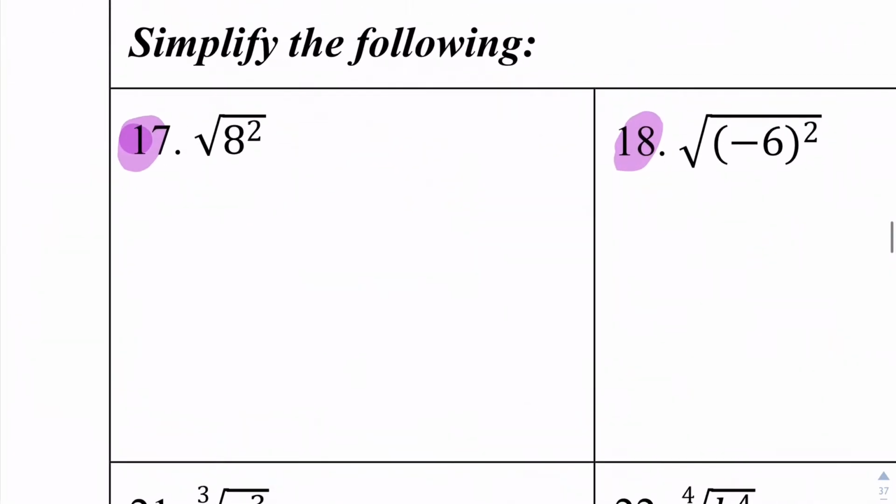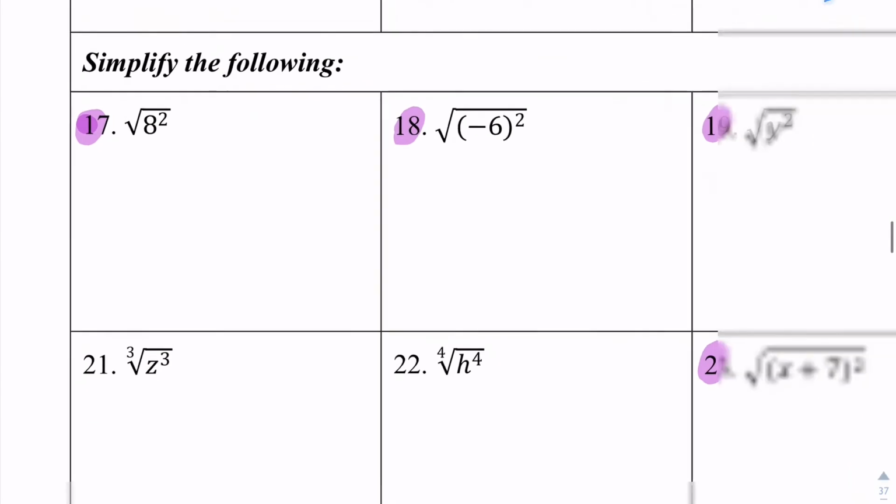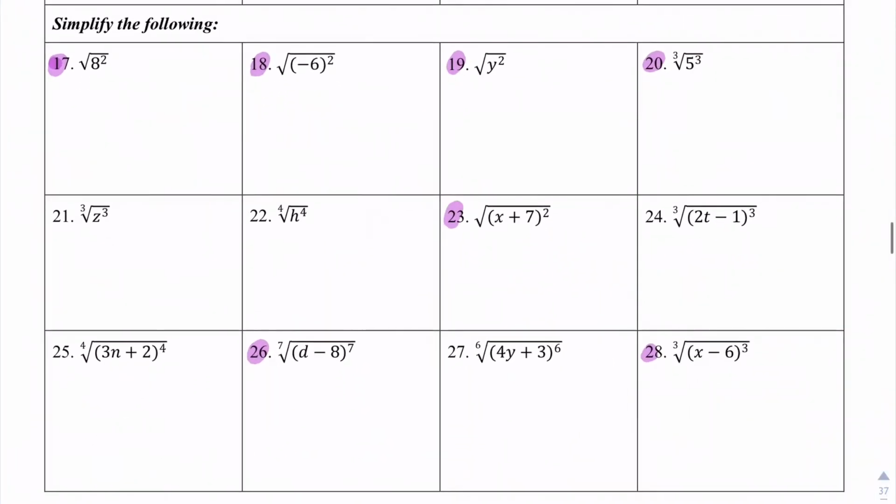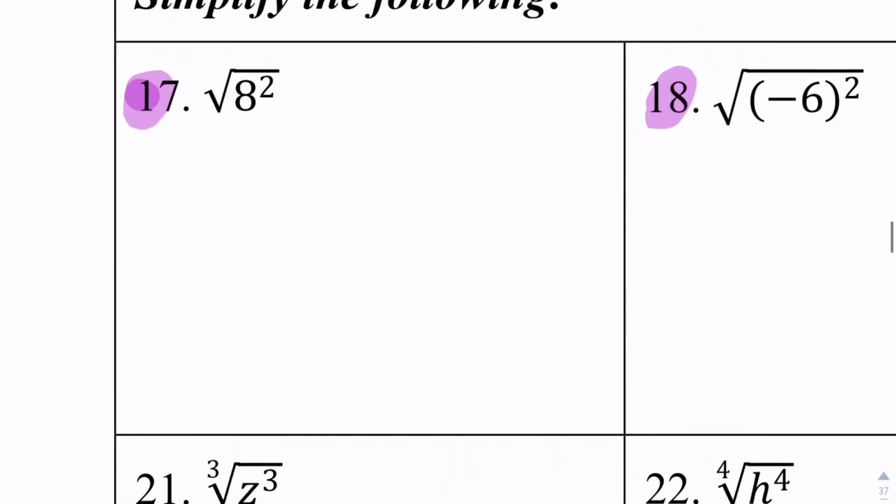Now we're going to move on. In this next group of problems, 17 through 28, we're going to see a pattern that we're going to develop in the first few problems. So we have the square root of 8 squared. We could go ahead and take that to 64, great, because 8 squared is 64. Well, the square root of 64 is back to 8.